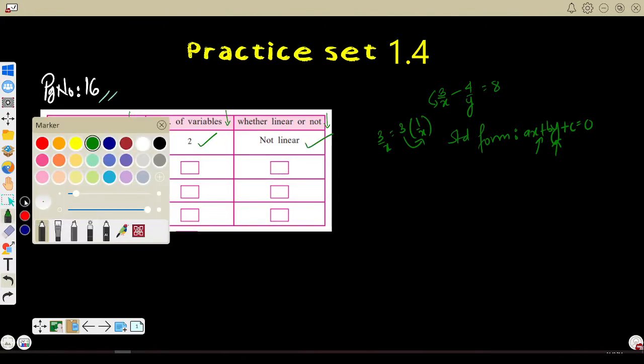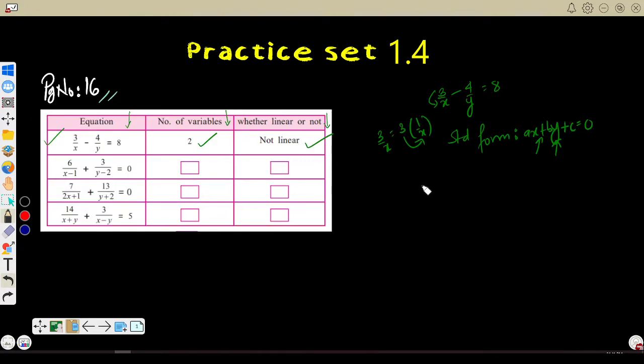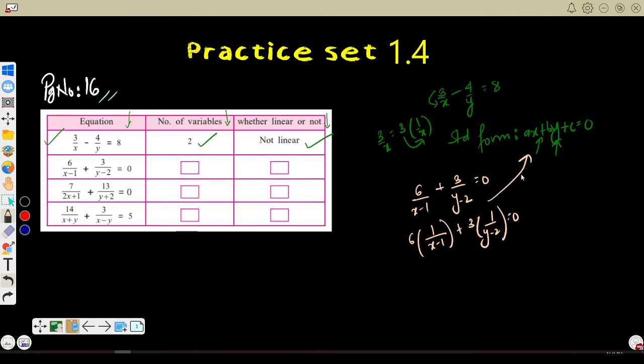Moving on to the next equation that is given to you, it is 6 upon x minus 1 plus 3 upon y minus 2 is equal to 0. Again, this equation can be written as 6 multiplied with 1 upon x minus 1 plus 3 multiplied with 1 upon y minus 2 is equal to 0. Again, if you compare this with the standard form, it is not in the standard form.